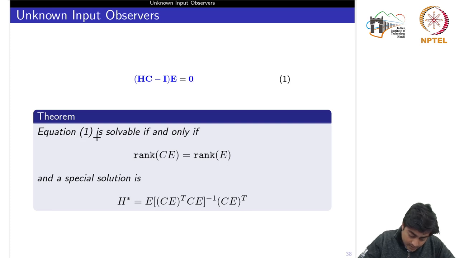This is one of the important results, which says that equation 1 is solvable if and only if the rank of CE matrix becomes equal to the rank of E matrix, and a special solution of this equation is given by H star is equal to E times this matrix. Now we'll see the proof of this theorem very quickly, that how this equation becomes solvable if this rank condition is satisfied.